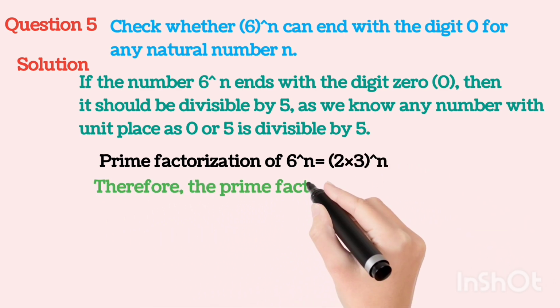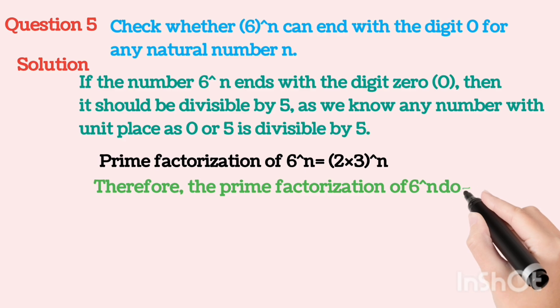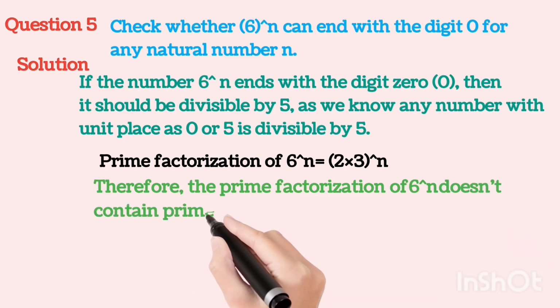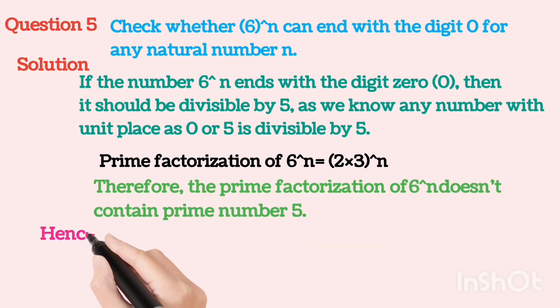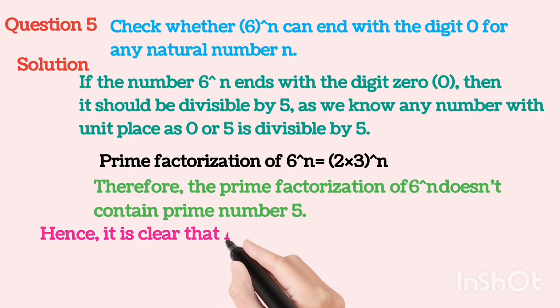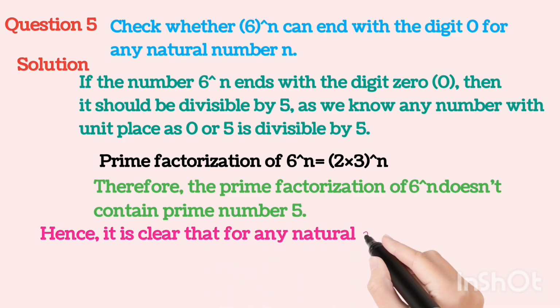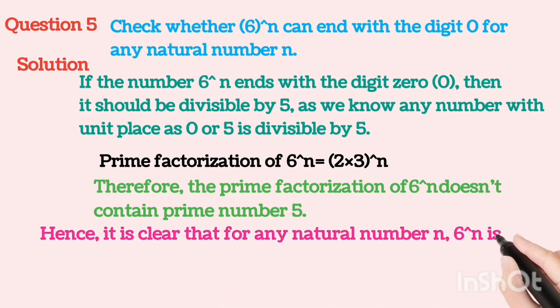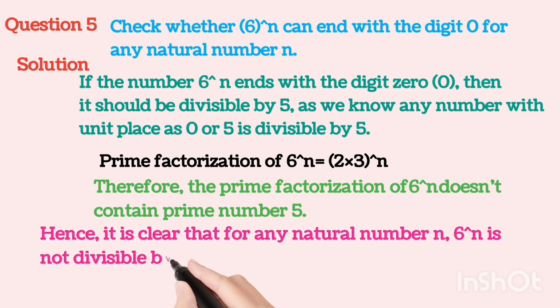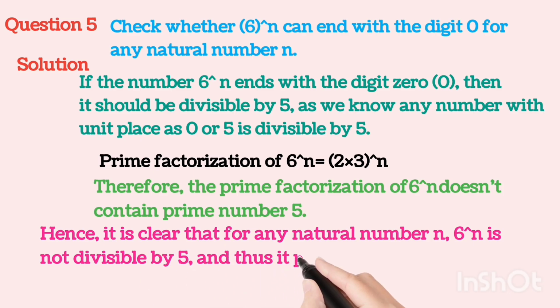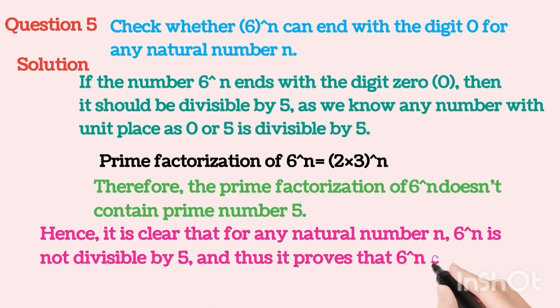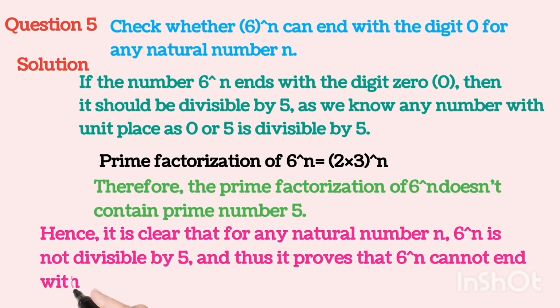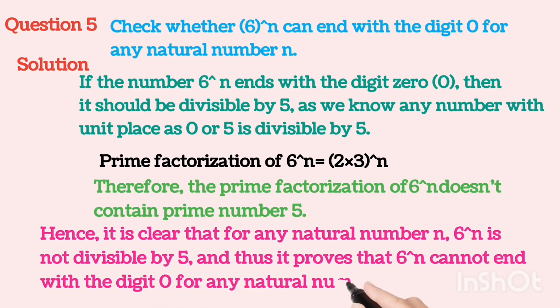Therefore the prime factorization of 6 to the power n does not contain the prime number 5. Hence it is clear that for any natural number n, 6 to the power n is not divisible by 5, and thus it is proved that 6 to the power n cannot end with the digit 0 for any natural number n.